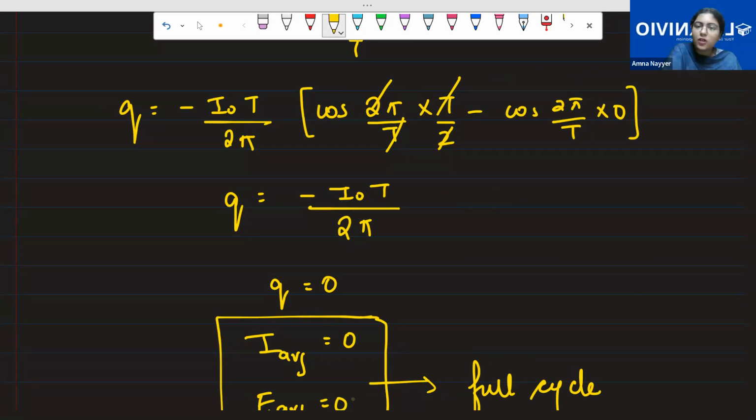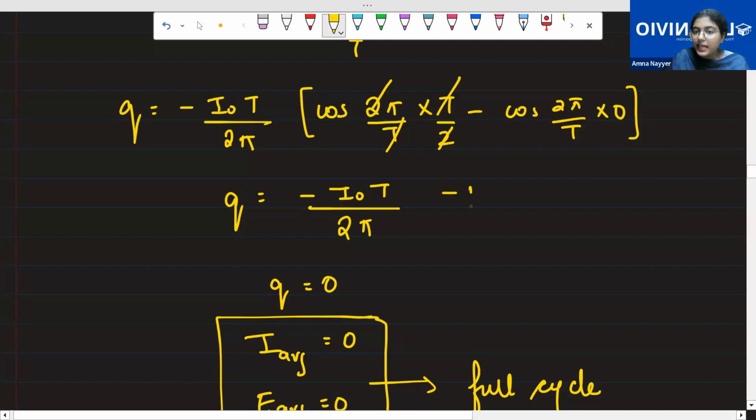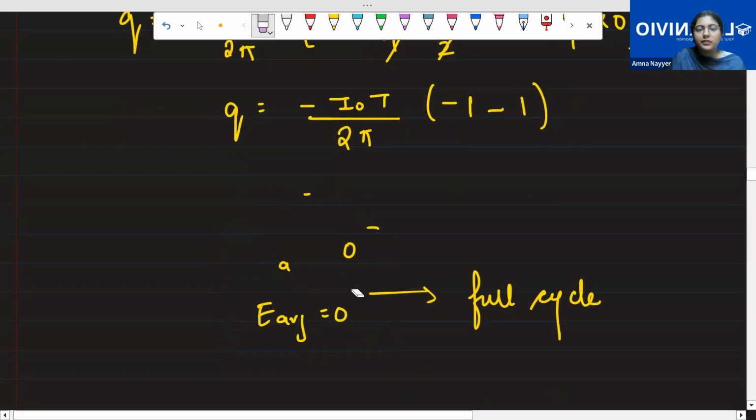You people don't know what is cos 180-degree? -1. Yes, -1. Okay. So see, this makes cos 0-degree 1. This is cos pi, that is 180-degree, which is -1, minus, and cos 0 is already 1. So -1, -1.